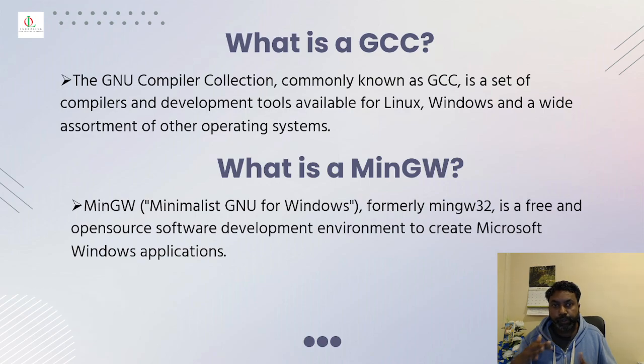So these are the two files that you have to remember the names of. And both could be interview questions, so they could ask you what is a GCC and what is a MinGW, and you would be able to answer it by now. Again, GCC stands for GNU Not Unix. It's an abbreviation from GNU. It's not Unix, but it's Linux. So that's what it says.